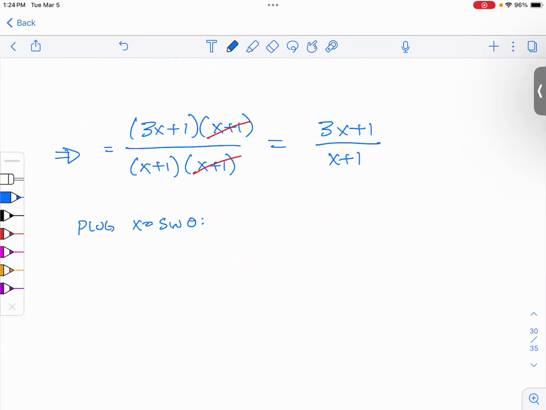Let's plug that back in. Put our trigonometric equation back together. And is that what we were looking for?